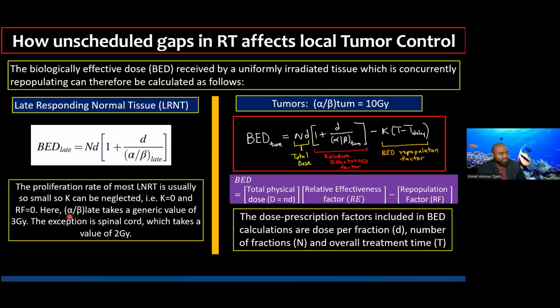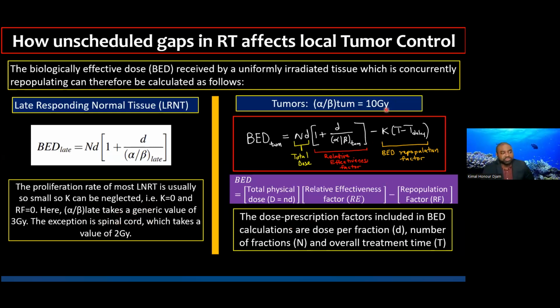Mathematically, what that means is that the K value can be neglected or assumed to be zero. And if the K value can be neglected or assumed to be zero, it means that we can simplify the BED for late normal tissue to remain the same. The exception here is for spinal cord, which really has an alpha beta ratio of about 2, and it's rapidly proliferating, so you have to keep that in mind.